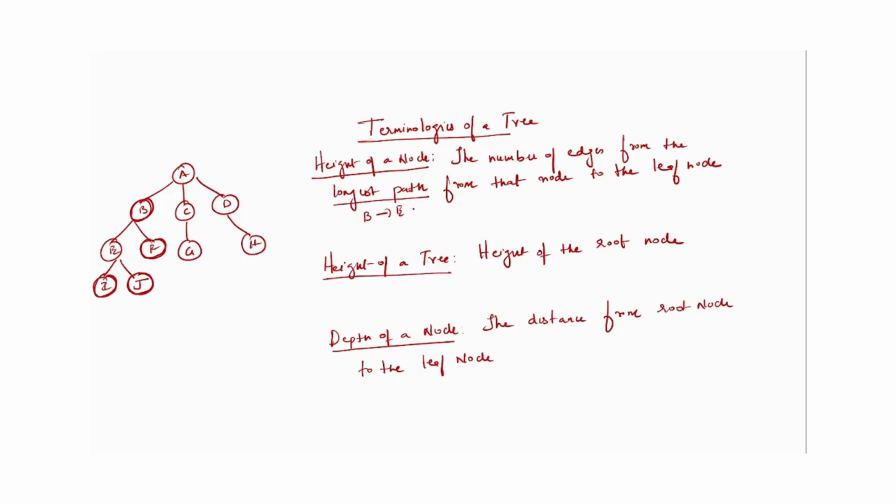B to E and E to I, height is 2 because it has two edges, right? B to E and E to J, it has two edges, so height is 2. And for B to F, it has only one edge, therefore height is 1. So height of a node is the longest path. The longest path is 2, therefore I can say height of B is 2, right?